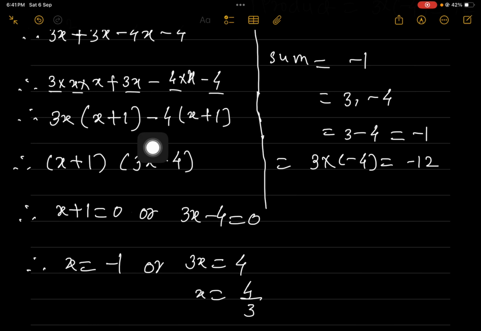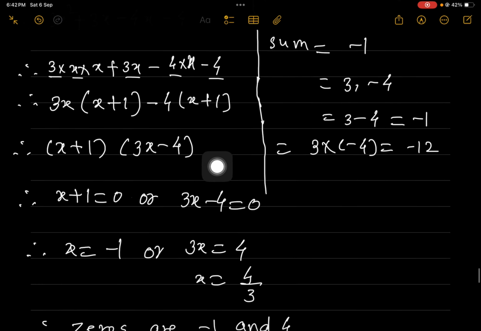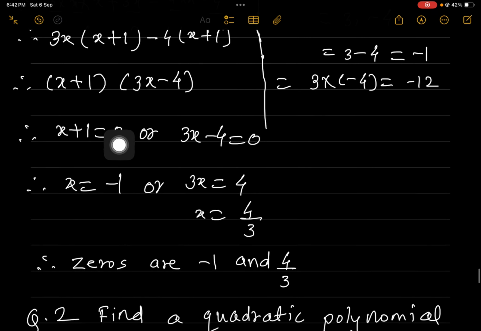The minus sign stays as it is. Here 4 is common, so 4 comes outside. Again the minus sign is there, so inside it becomes plus, and we again get x plus 1. So x plus 1 is common, coming in one bracket, and the remaining 3x minus 4 in another bracket, and this p of x equals 0.